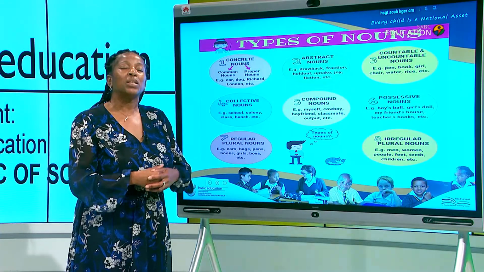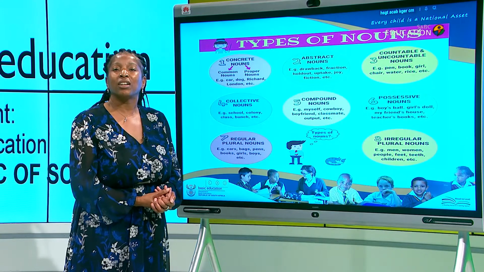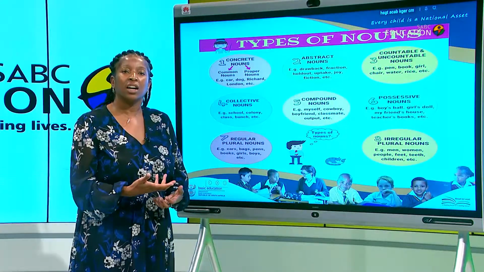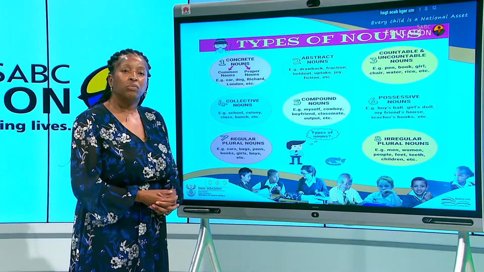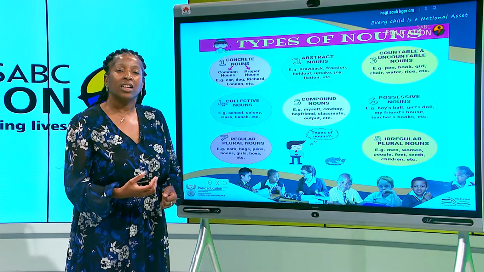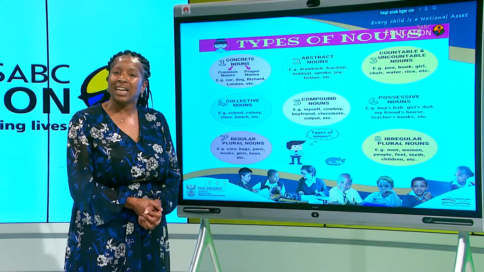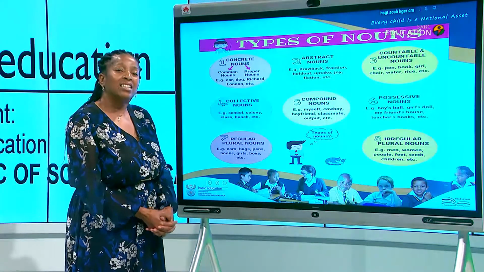However, please don't be worried that you will be asked in the exam to identify a specific type. As long as you know that the noun is a name, what is important is, is it a name of a person? Is it a name of a place? Is it a name of a thing or an idea?